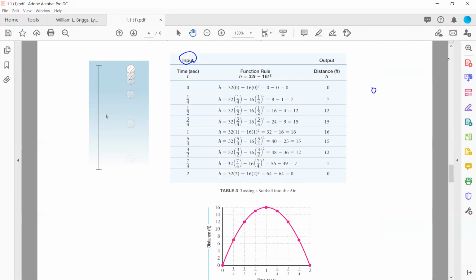Remember that 0 squared is 0 times 0, which is 0. 16 times 0 is again 0. 0 minus 0 is 0. So when t is 0, the output value is 0. The very first point on your graph is 0 and 0.